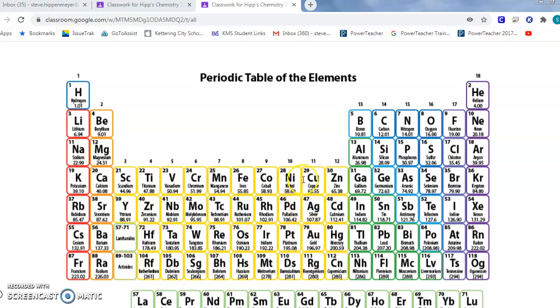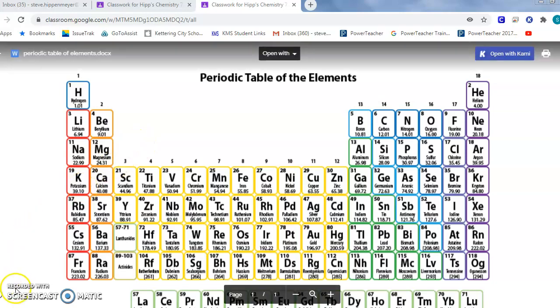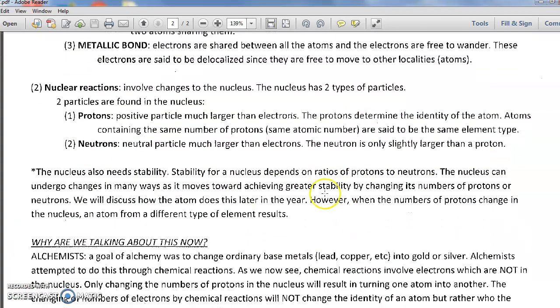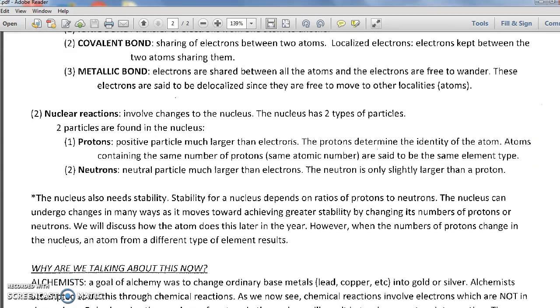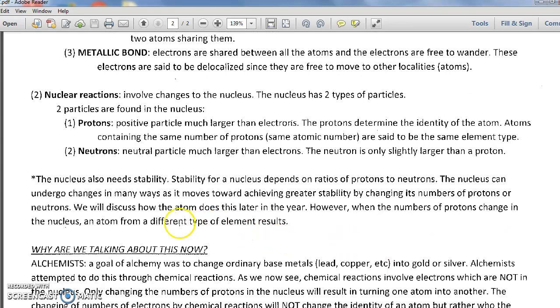Nuclei change on their own, transmute on their own. That natural process is often called radioactivity. Why is it possible for some nuclei to be changed into others? Well, the same way that the number of electrons an atom has, the octet duet rule, influences its chemical stability, the nucleus also has stability, and it depends on the ratio of protons to neutrons.